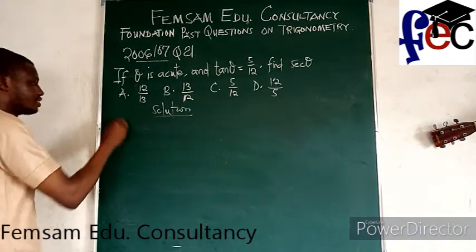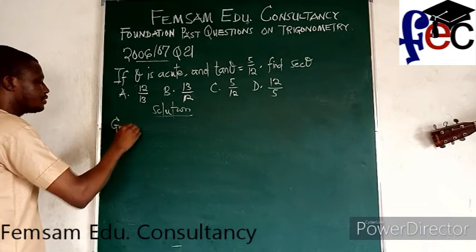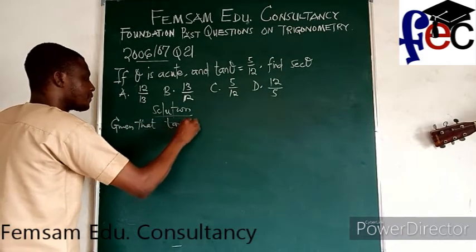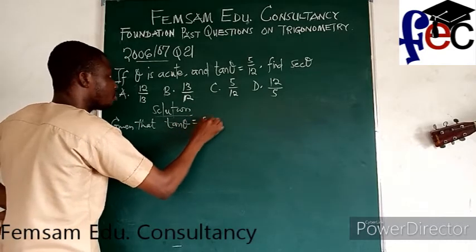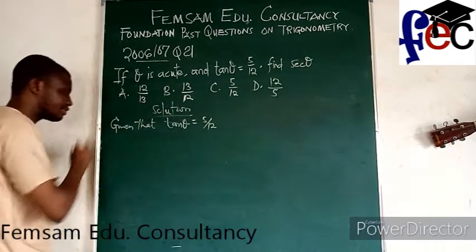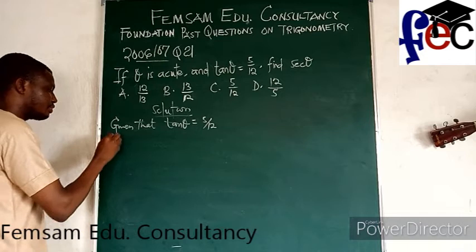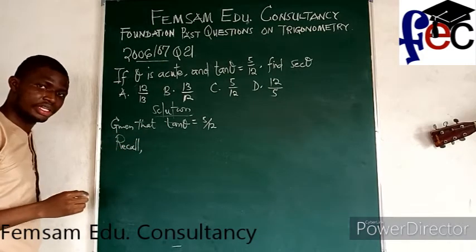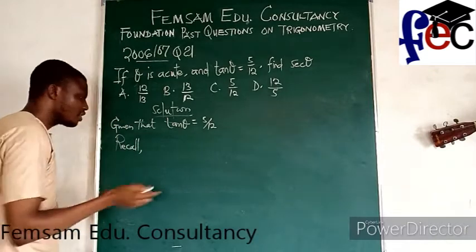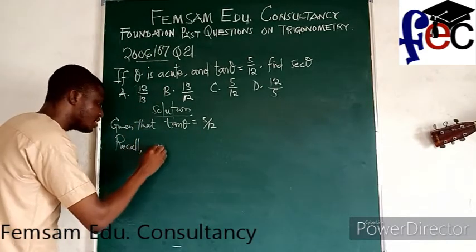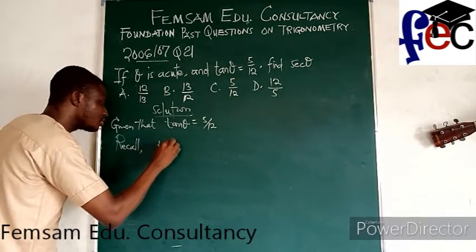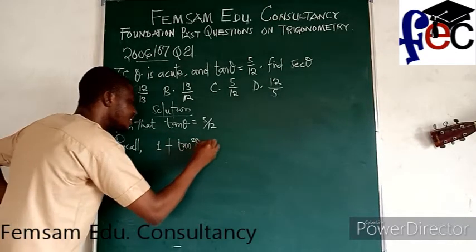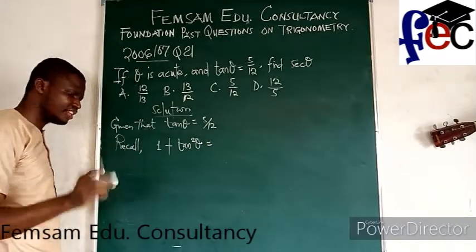Alright, I have been given that tan theta is equal to 5/12. Now, recall from trigonometric identity, when I add 1 to tan square theta, the result will give me what?